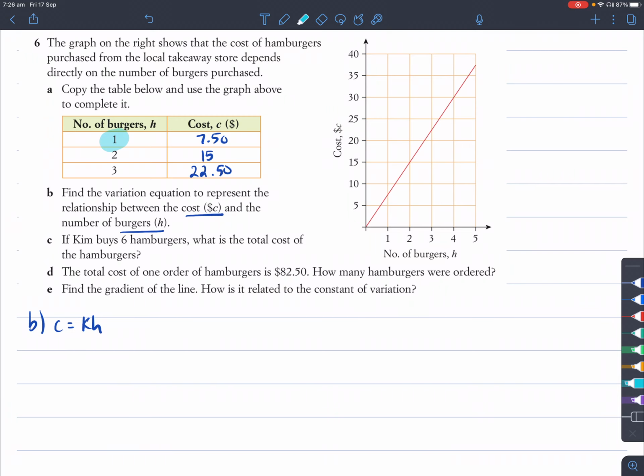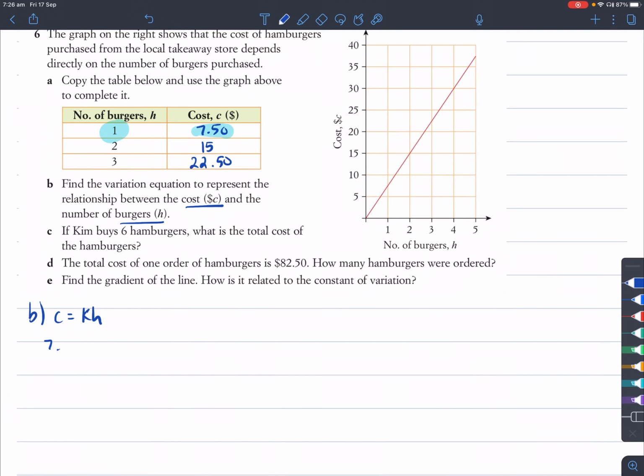So I'll do that with the first pair. So the cost is $7.50 when H is 1. So that means K is just $7.50. Okay. So if we put that back into our equation here, C would equal 7.5H. So whatever H is multiplied by $7.50, and that'll give you your costs.